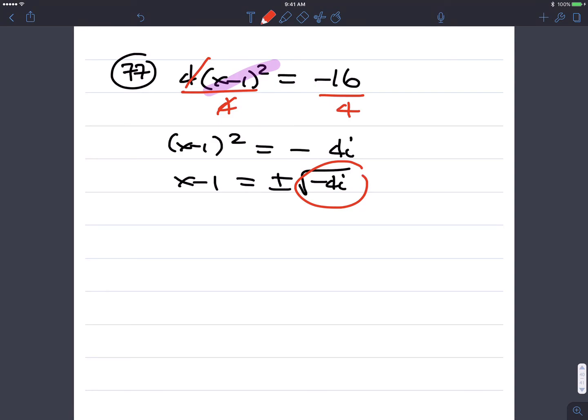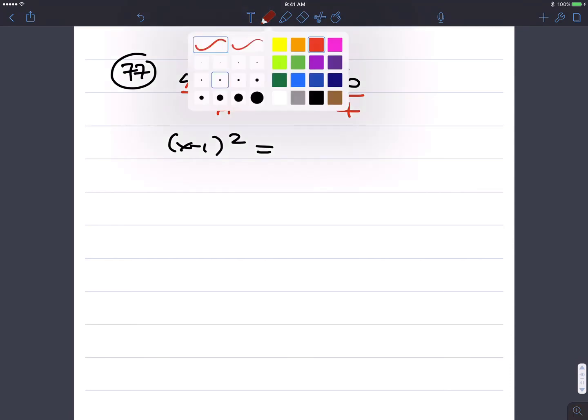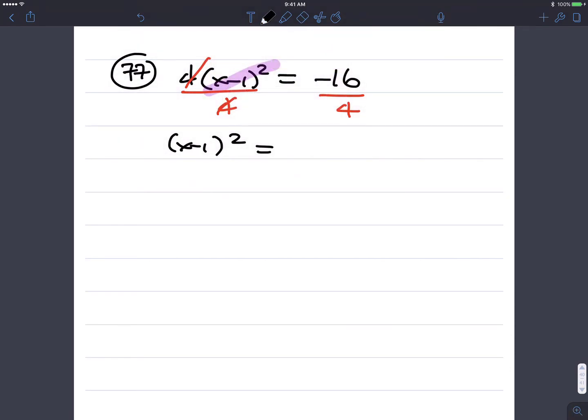Oh, sorry. Let's go back. I'm getting ahead of myself. It's been a long exercise. Negative 16 divided by positive 4 is negative 4. Okay, (x − 1)² is negative 4.